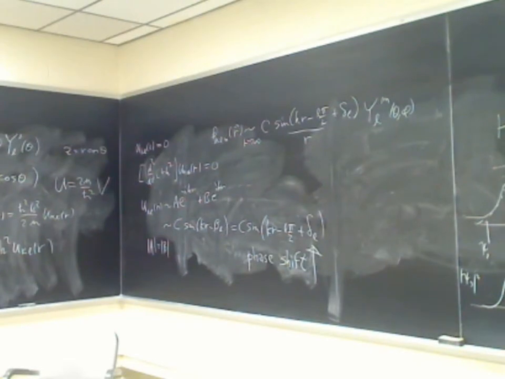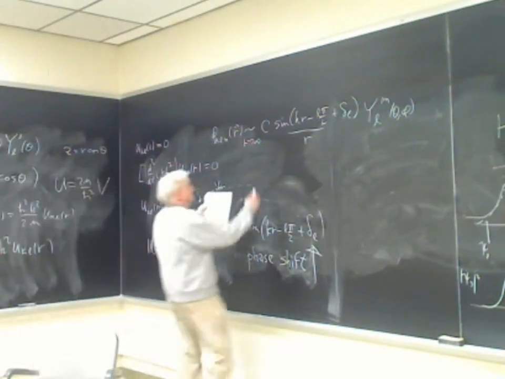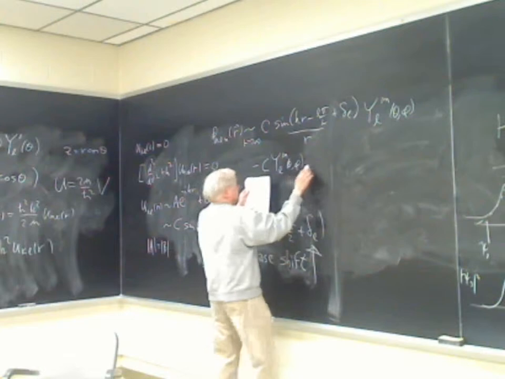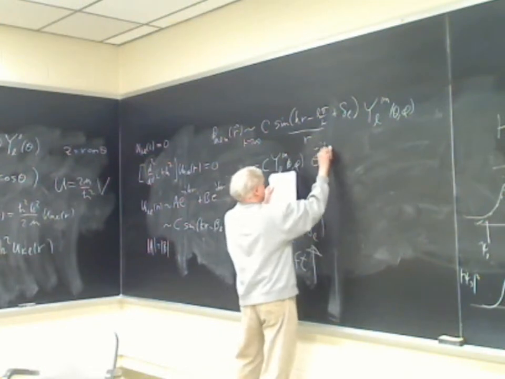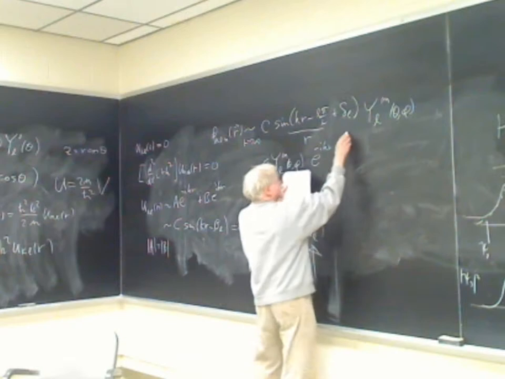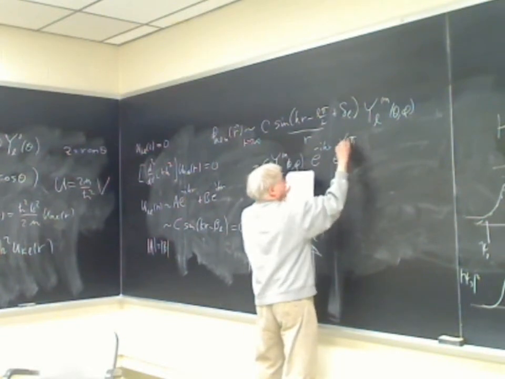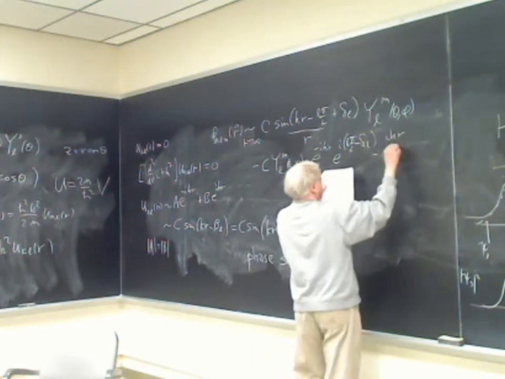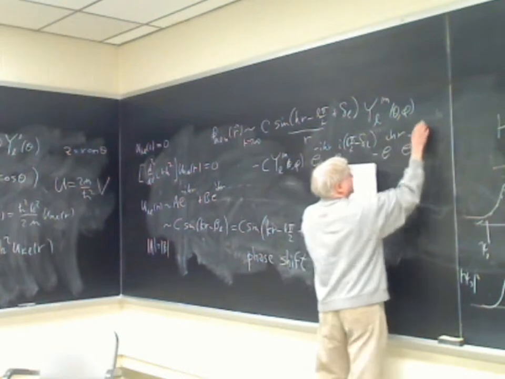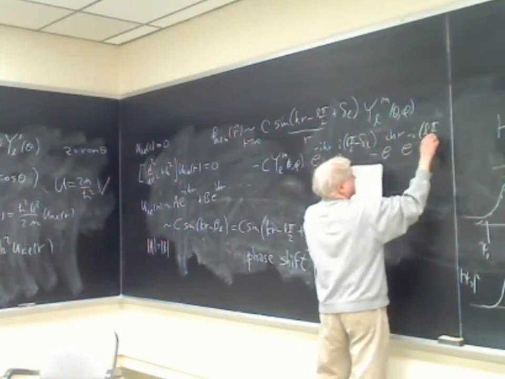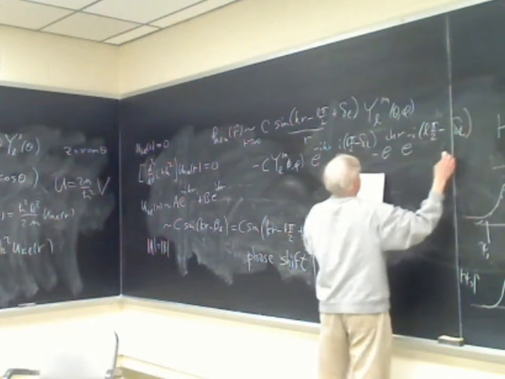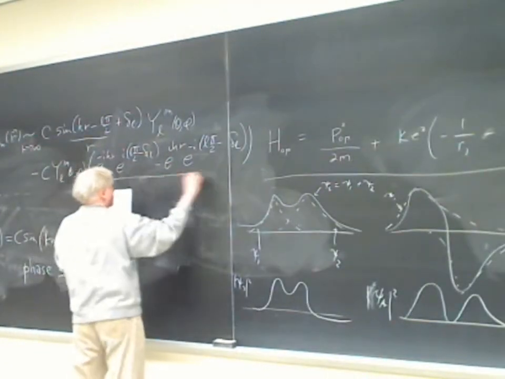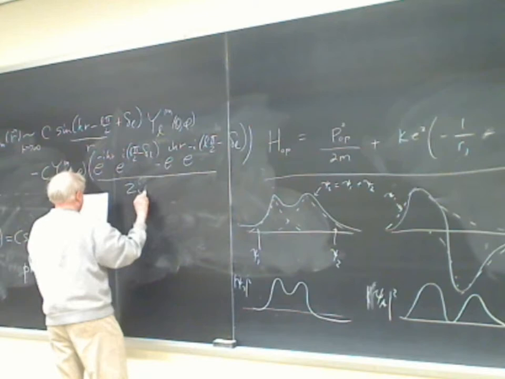We're going to write it like this, and we're going to say it's minus C Y_Lm of theta and phi, and then e to the minus i kr e to the i L pi over 2 minus delta L minus e to the i kr e to the minus i L pi over 2 minus delta L, and this is all divided by 2i r.